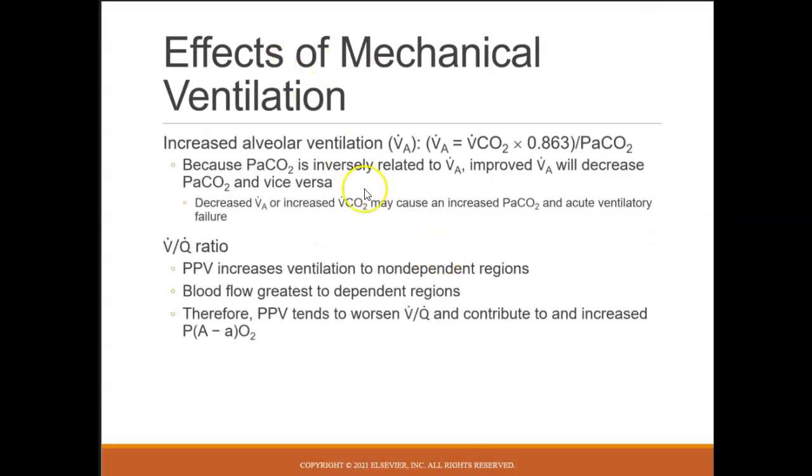All right. So remember with ventilation the difference between alveolar ventilation and minute ventilation. Alveolar ventilation is the ventilation that actually is participating in gas exchange. So the better your alveolar ventilation, the more CO2 you're going to be removing from the body.